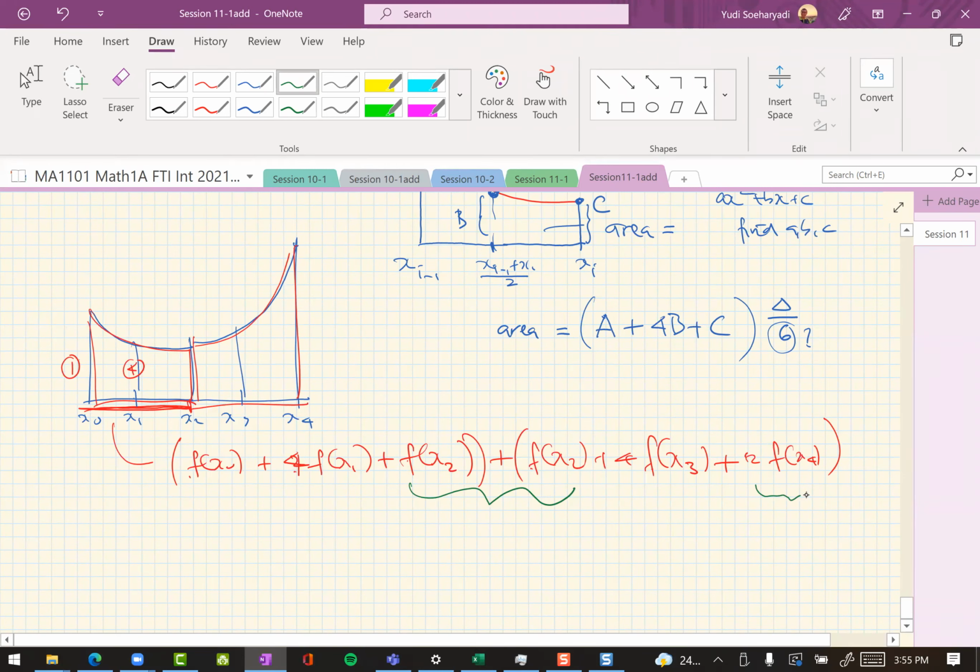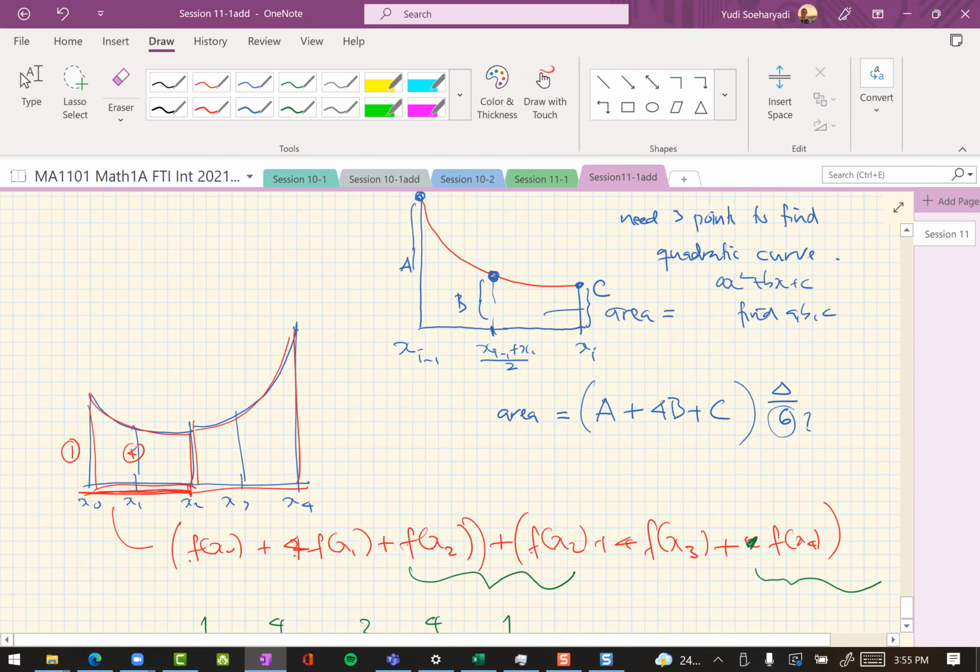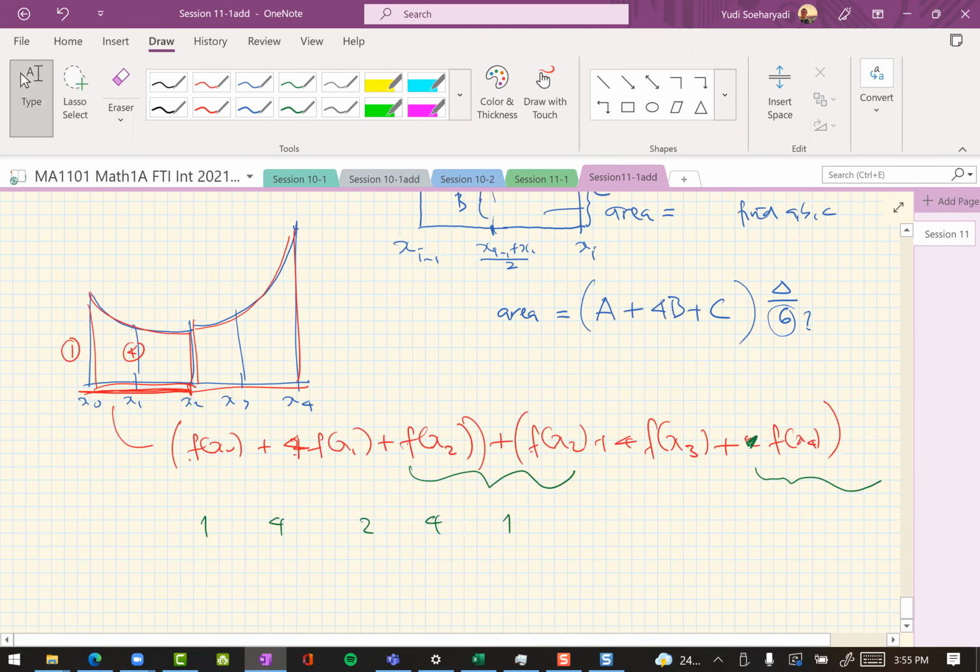So this is 1. If you have that, you end up with 1, 4, 2, or here in this case 4, and then 1. So that's how you get this pattern: 1, 4, 2, 4, 2, 4, 2, 4, 2, 4, 1. So we just need that pattern.